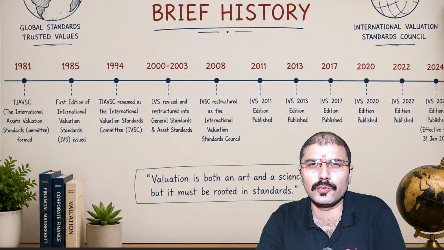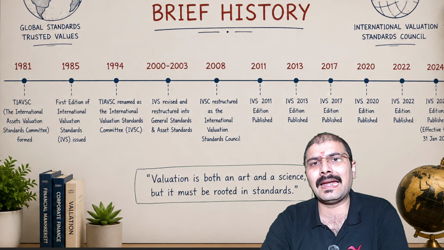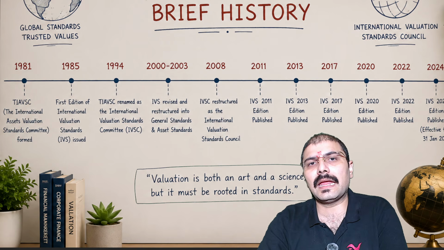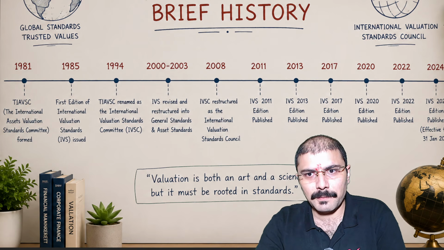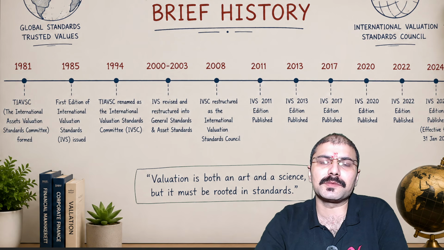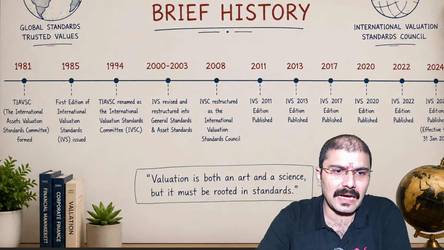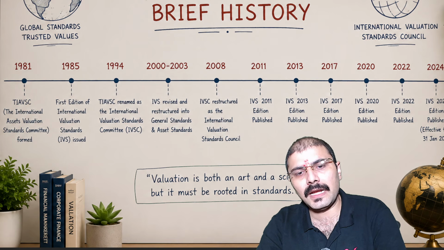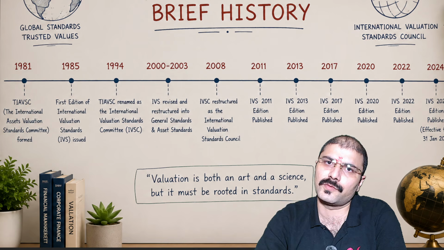Between 2000 and 2003, the International Valuation Standards were revised and restructured into general standards and asset standards, which we are going to study now. There will be 7 general standards and 8 asset standards, so a total of 15 standards. In 2008, the committee converged into the International Valuation Standards Council.